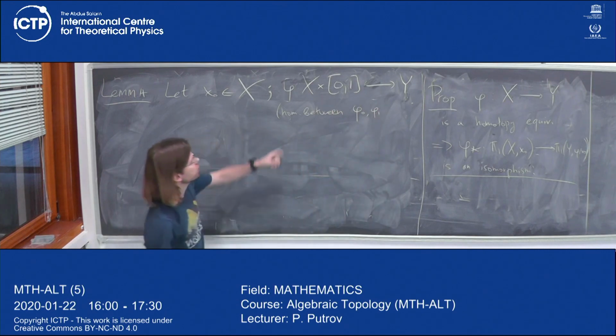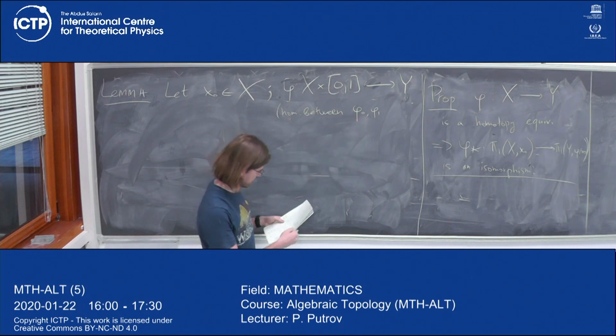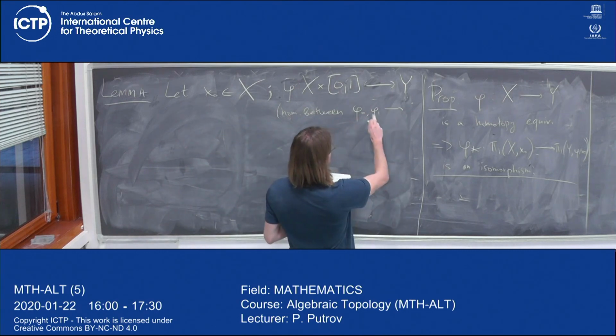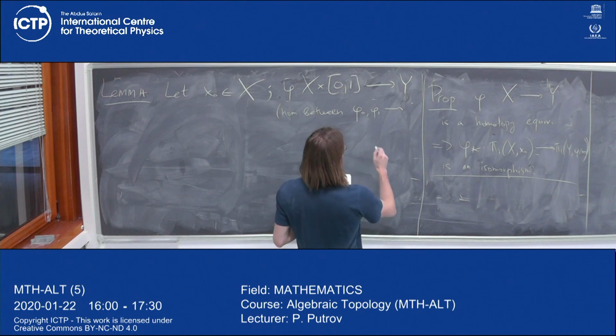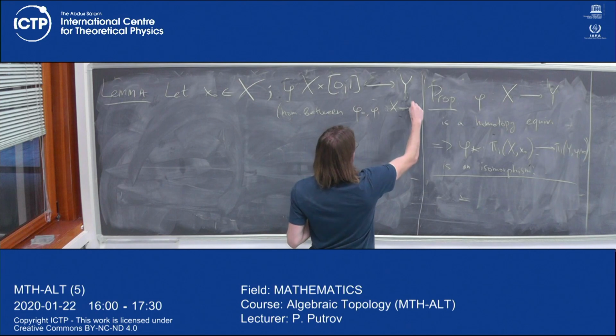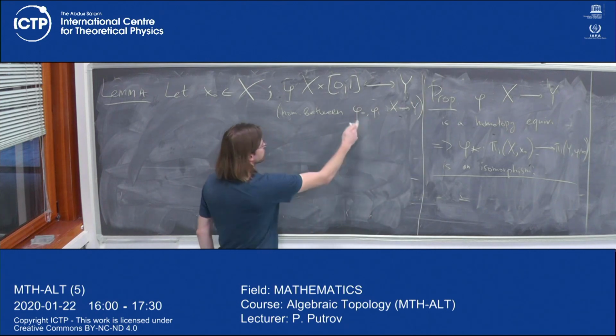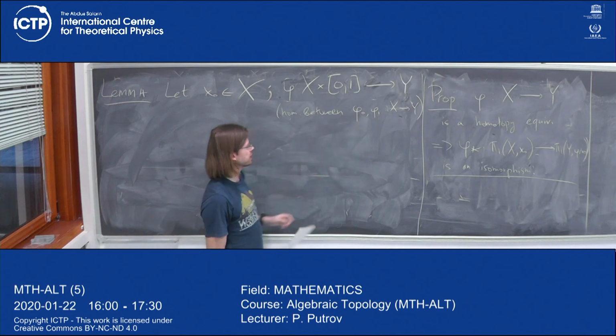These are just restrictions of this to 0 and 1, which I will denote just phi 0 and phi 1, maps from X to Y. This is the same as just restriction, but I want to have condensed notation.